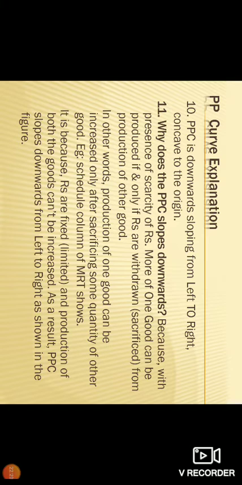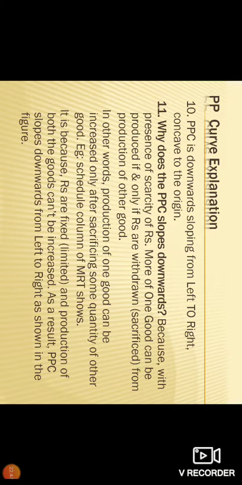More of jets can be produced if and only if resources are withdrawn from the production of paddy. The example may be sufficient for you.